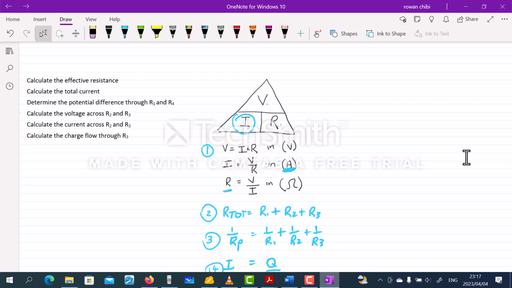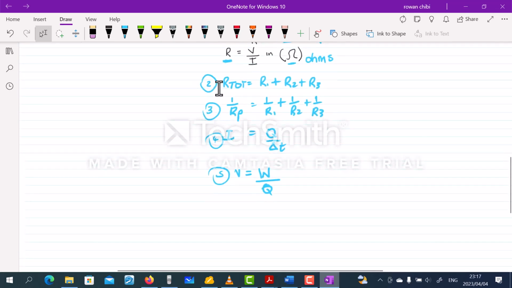If they want you to calculate the resistance, R is equal to V over I, and the resistance is in ohms. We call this ohms, this amps or amperes, and this volts or voltage. So that's formula number 1.